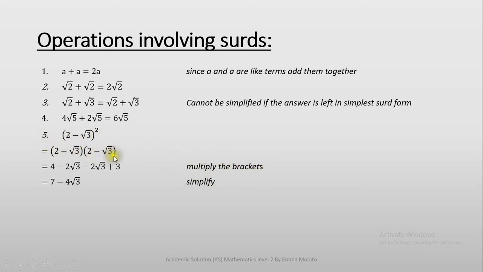So that's why we have this answer over here. The next step says simplify. So we did simplify, adding like terms together, and then we ended up having this answer.